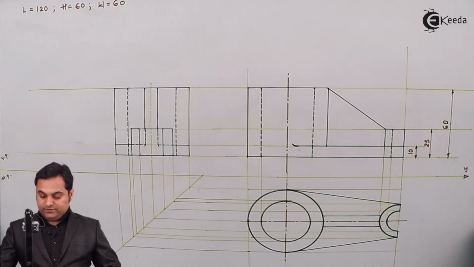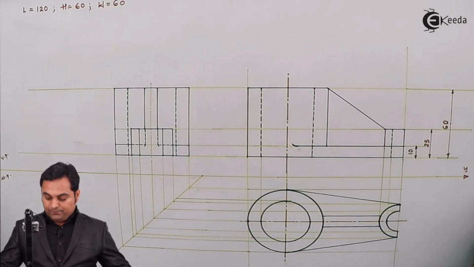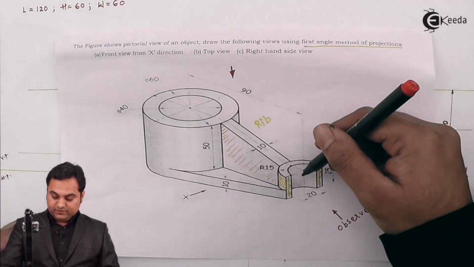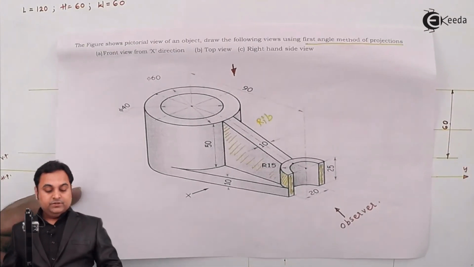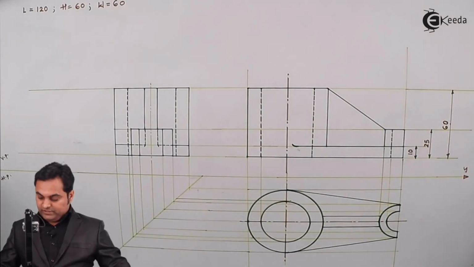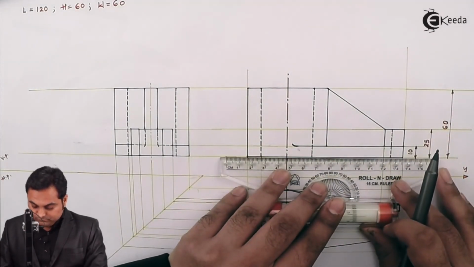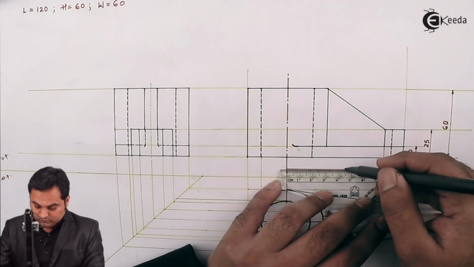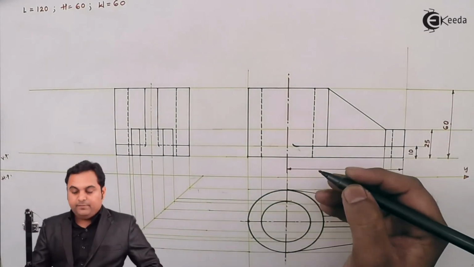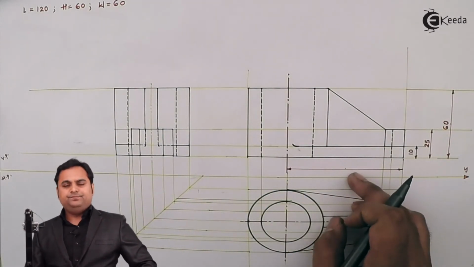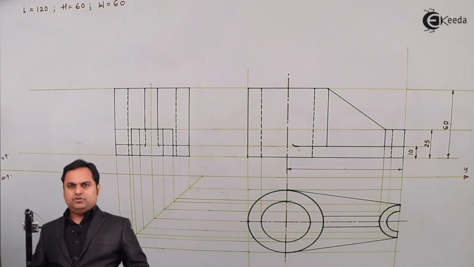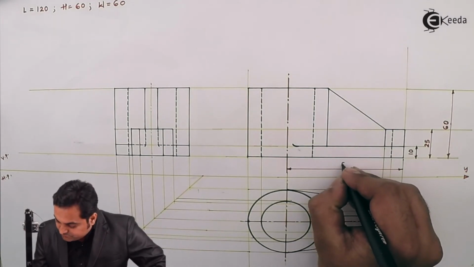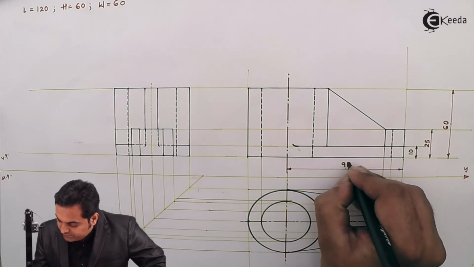Then the distance given in the problem from one end to the center, that is from this side up to the center, is 90 mm. So that I'll plot here. And dimensions should be exactly at the middle, and both the letters should have the same height. So here, since it is 90, we can write it in this way.